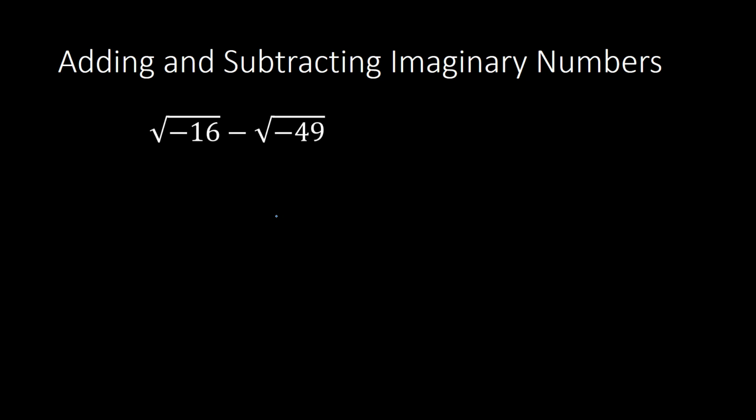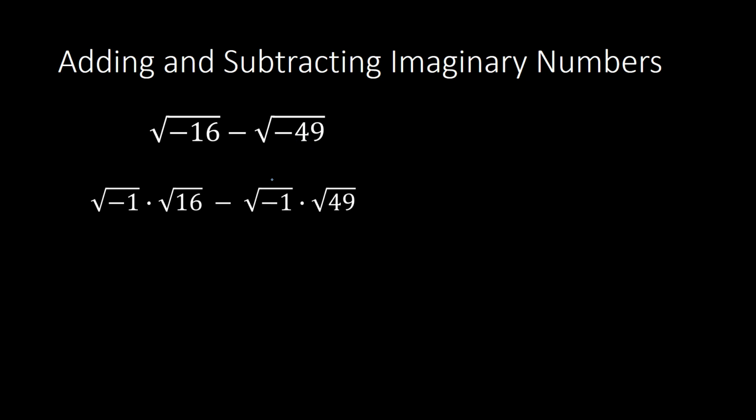Now here's another example where we first want to simplify and pull out the imaginary component. So what I can do is I can break apart the square root of negative numbers to get the square root of a negative 1 times the square root of a positive 16.